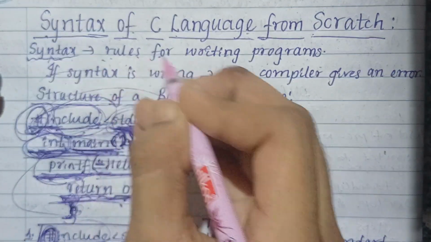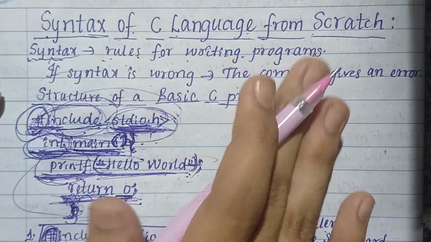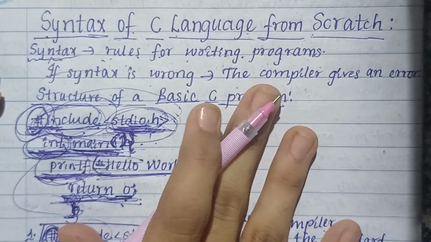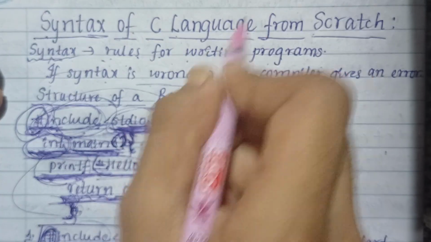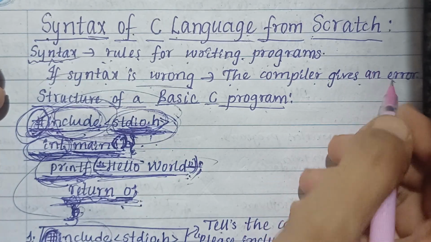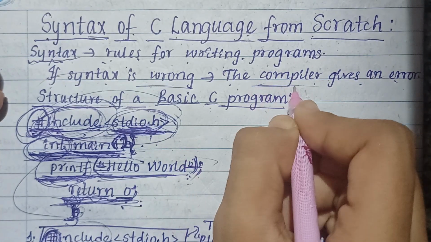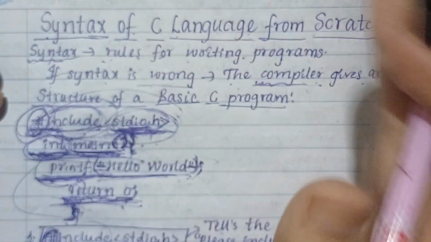That is, it is rules for writing a program. You have to follow certain rules in order to write your programs in C language. And if the syntax itself is wrong, then your program will not run. That means your compiler will throw an error. You will be learning what we mean by compiler in the next coming video.